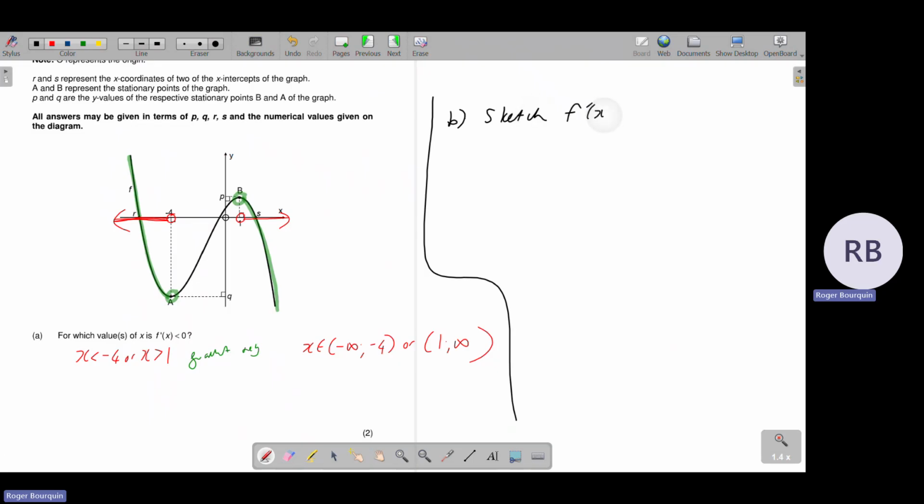Yeah, the stationary points are the intercept. The stationary points on the cube graph are the x-axis. I did, but I feel like I'm not doing it.